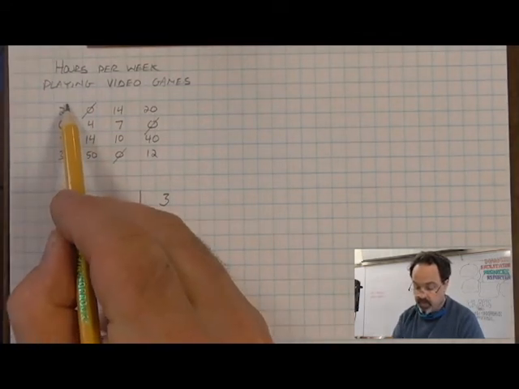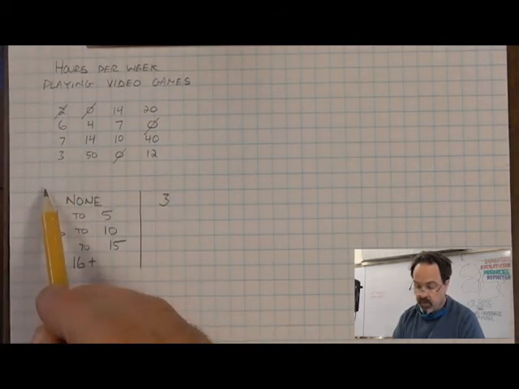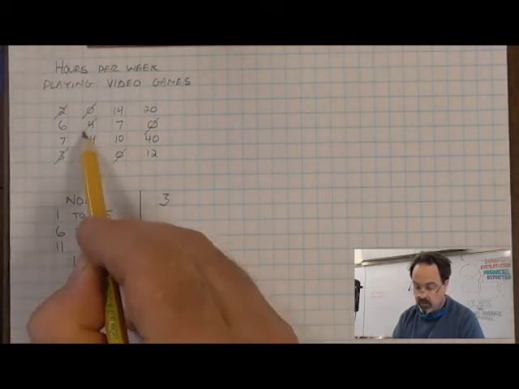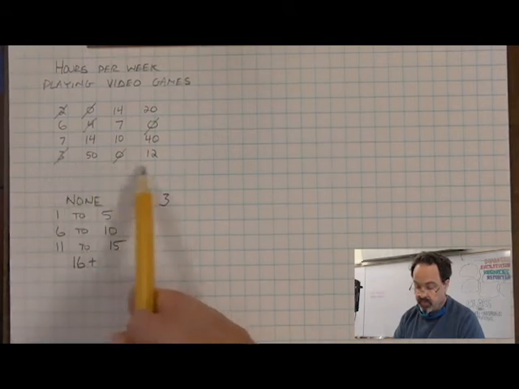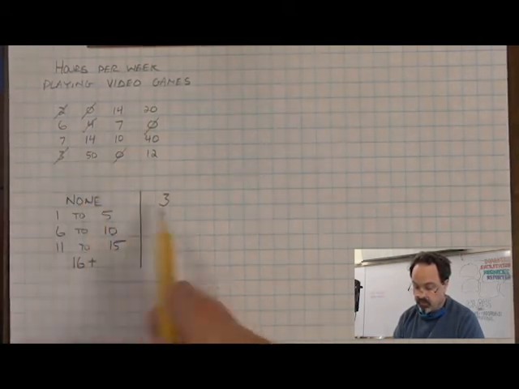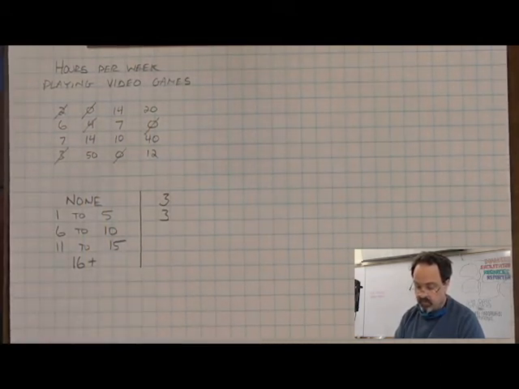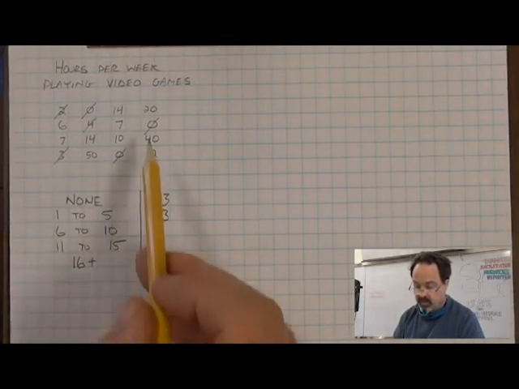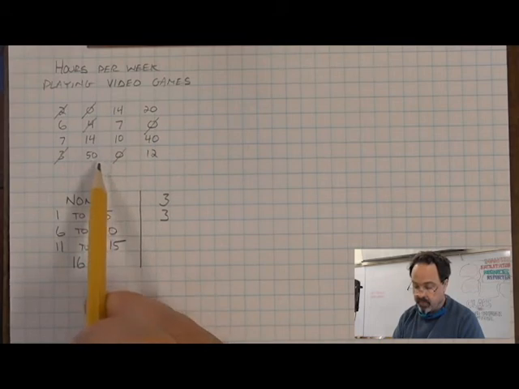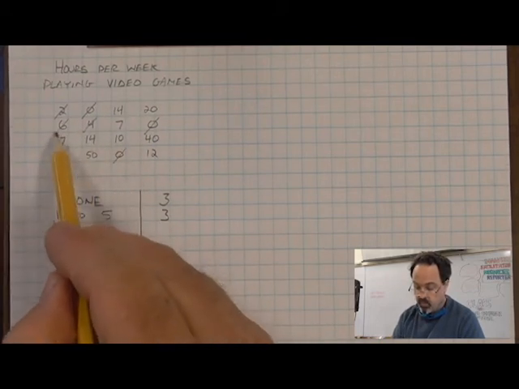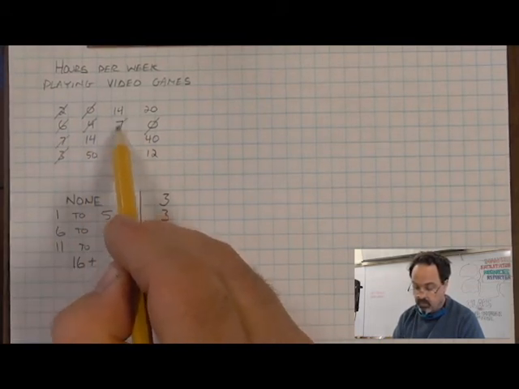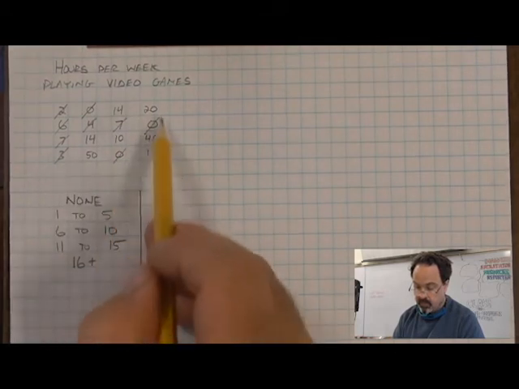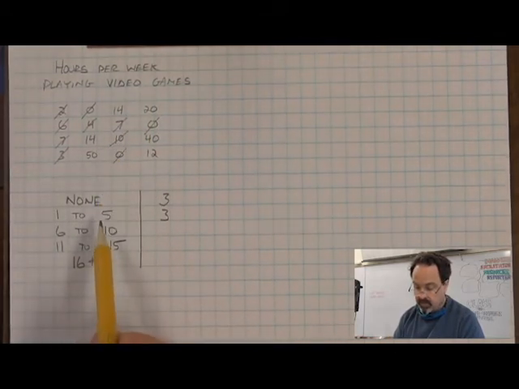I'm going to count them up and cross them off as I go. That's 1, 2, 3 responses in that category, and I'm looking over to see if I got that correct. I think so. How many responses in the category of 6 to 10 hours of video games played per week? 1, 2, 3, and 4, that 10 there.